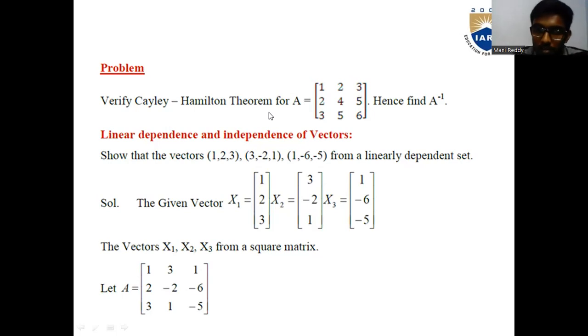Now another method involves linear dependence and independence of vectors. Show that the vectors 1 2 3, 3 minus 2 1, and 1 minus 6 5 form a linearly dependent set.